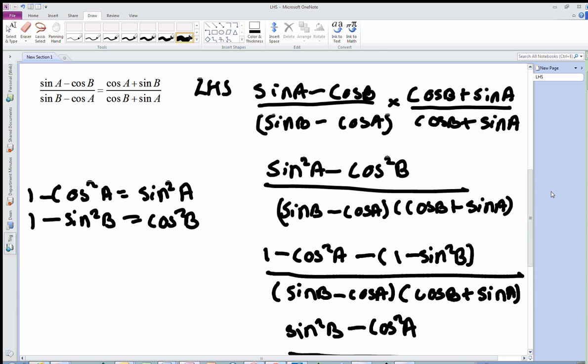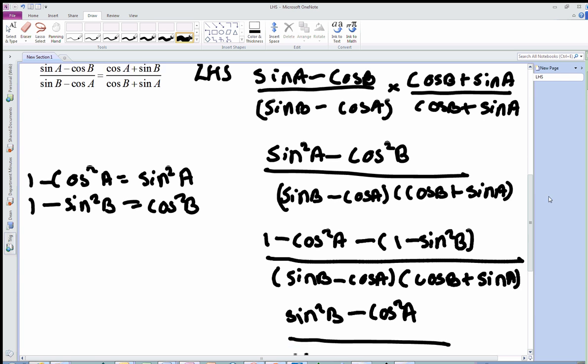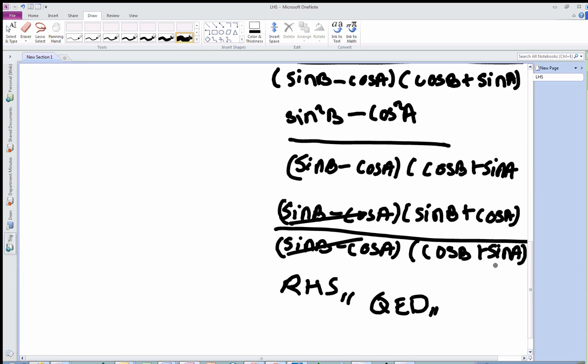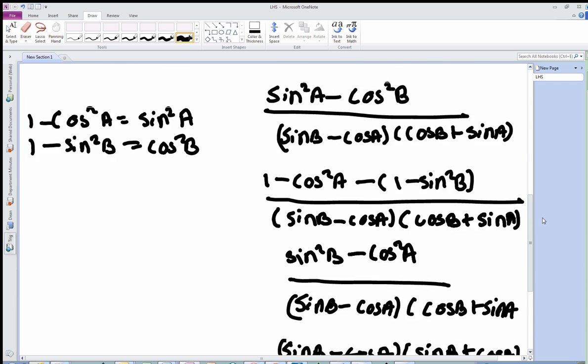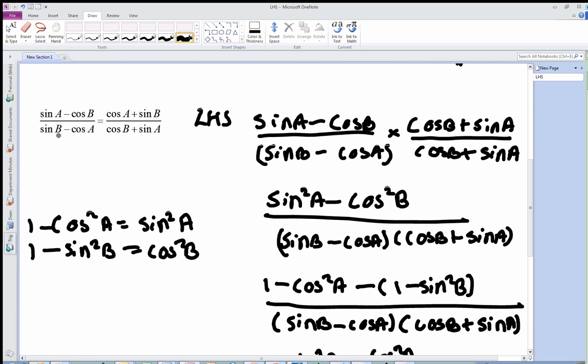So really it only took a couple of lines, 1, 2, 3, 4, 5 lines before it came out. The thing that you have to be very careful of is that there are lots of different equations and identities that you could start using, and you can go down the wrong track very simply. Always keep your eyes on what you are going for and then try to force your proof that way. Okay, thank you very much.